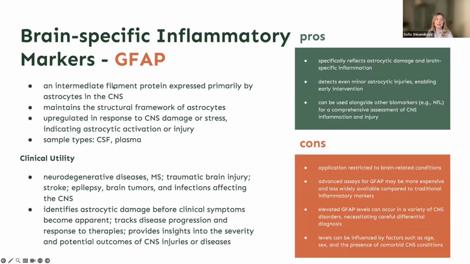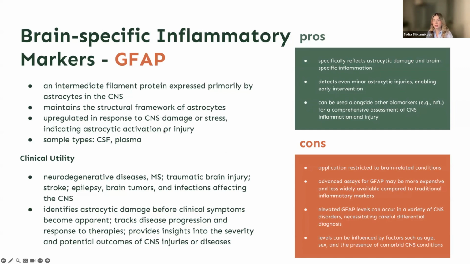So what it is, is an intermediate filament protein that is expressed primarily by astrocytes in our CNS. It maintains the structural framework of astrocytes, and usually it will be upregulated in response to CNS damage or stress, indicating astrocytic activation or injury.